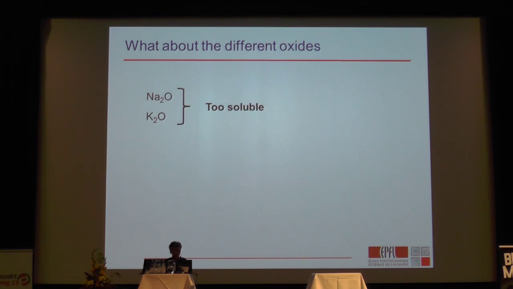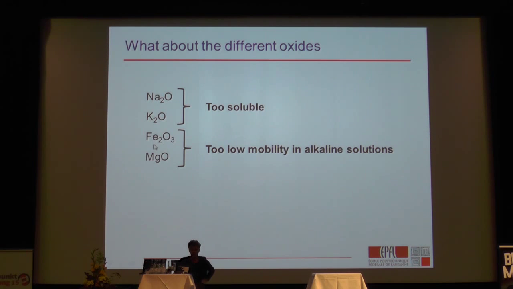And if we look at those oxides we have in the Earth's crust, if we look at the alkali oxides, sodium oxide and potassium oxide, these are basically too soluble. So they don't deposit in space. If we look at iron oxide and magnesium oxide, we have the opposite problem. These have too low solubility.